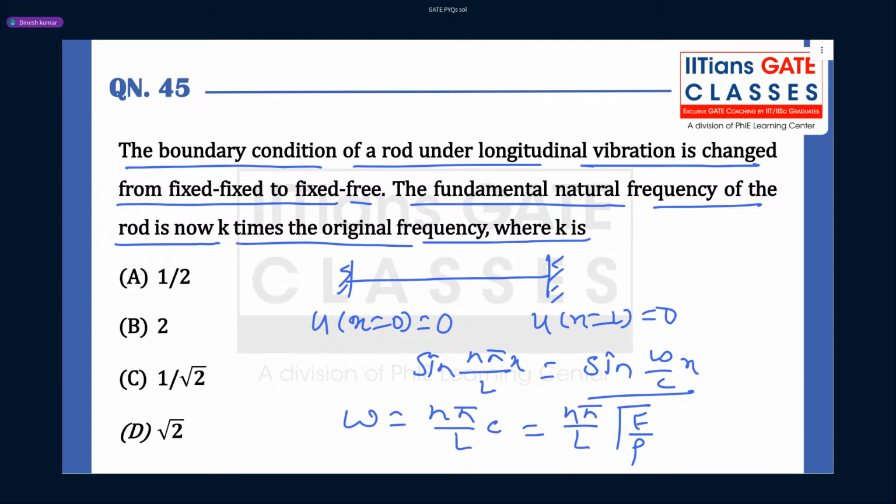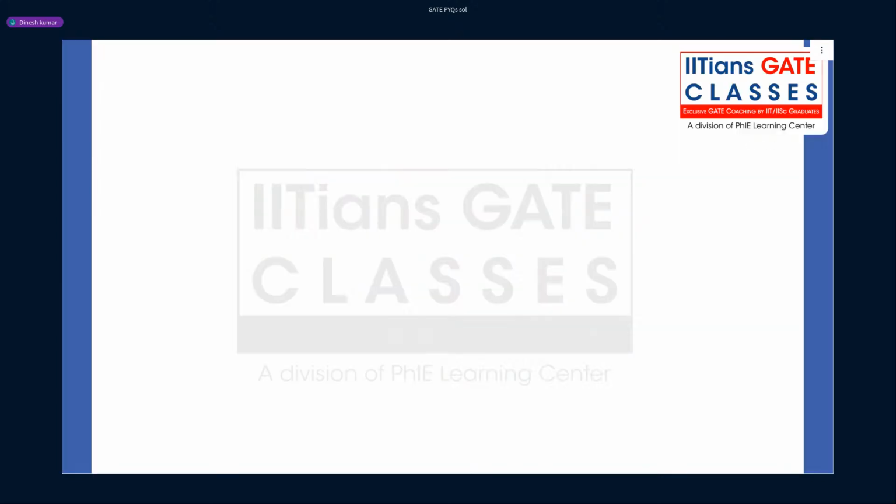Quickly guys, respond. Yes or no? This is correct or not? Okay. Now what will be your first natural frequency? In this case, omega 1 will be pi by L under root E by rho.